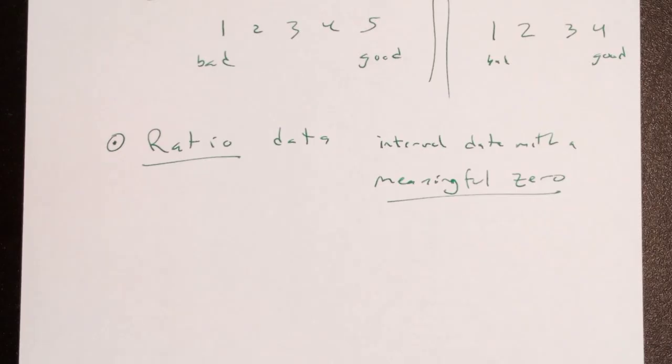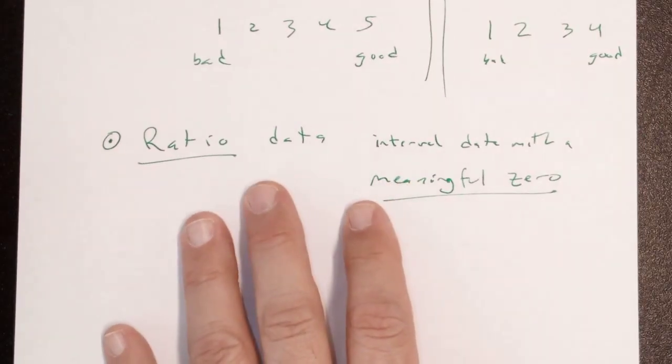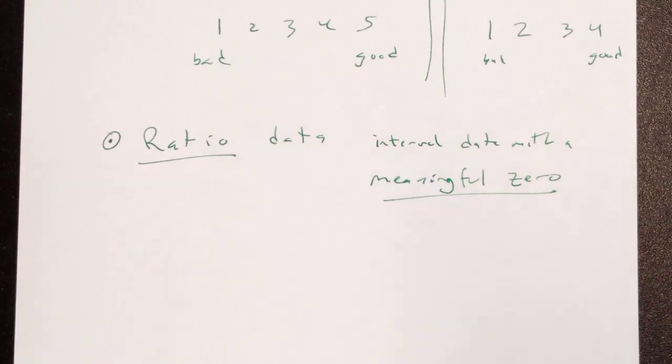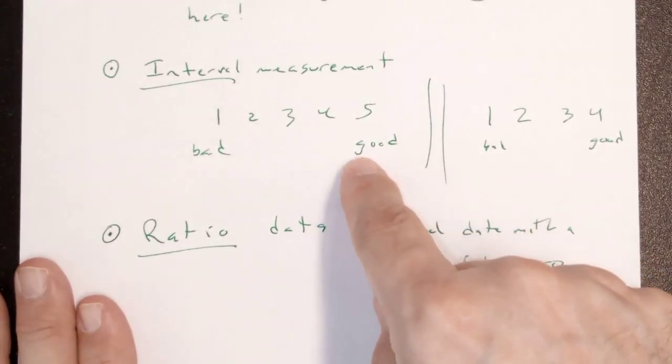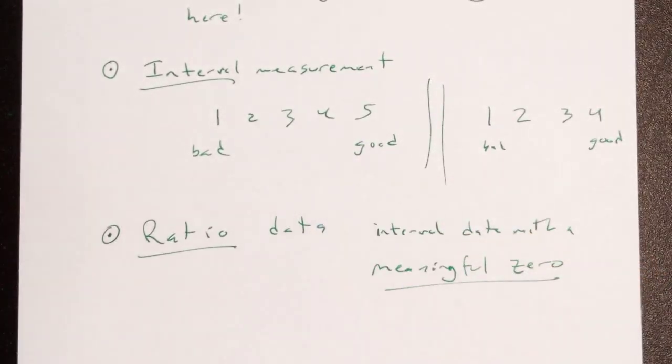Degrees fails to be ratio because the zero doesn't have meaning the way we want it to. So really, temperature is interval. The difference between 30 and 40, the difference between 40 and 50, those match. So the gaps between things mean something. The scale is meaningful.